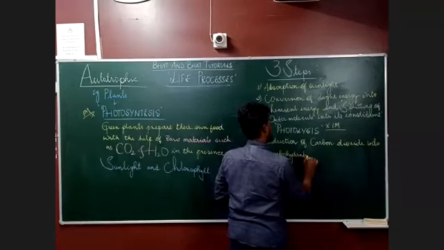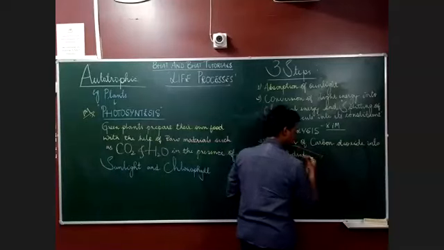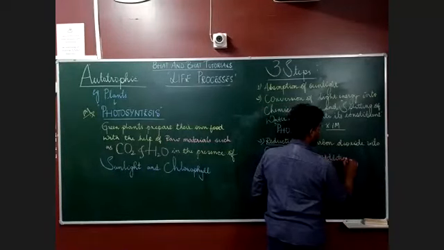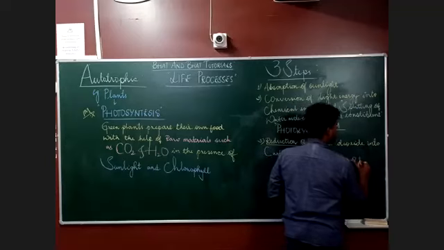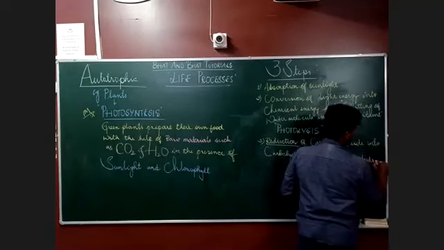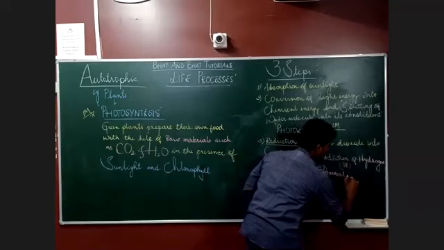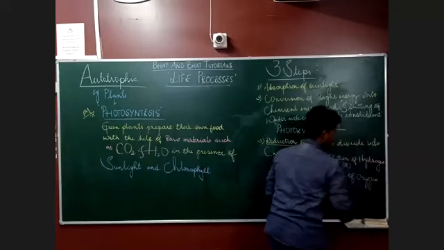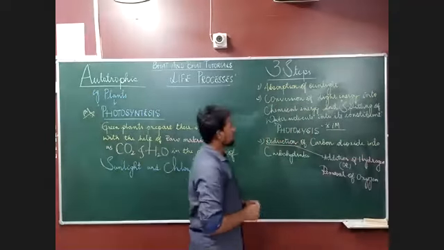Now, how do you understand this word reduction? Reduction is nothing but addition of hydrogen, or the removal of oxygen. Yes, I think it is very clear as of now.